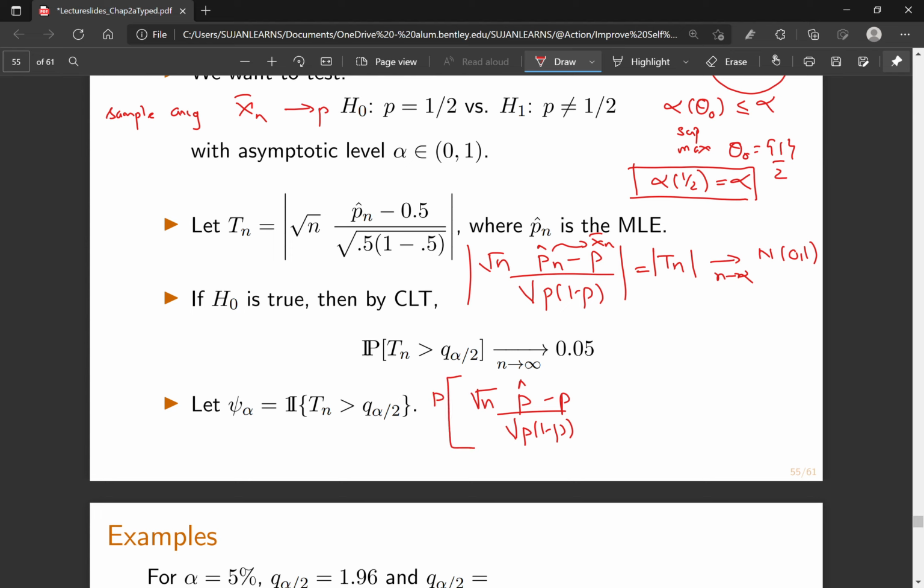And probability, let's assume that if the value of this is in a certain set R, then we have to reject. Then the probability of having this kind of situation is equal to alpha, which is usually 5%. Let's just imagine that for a second.